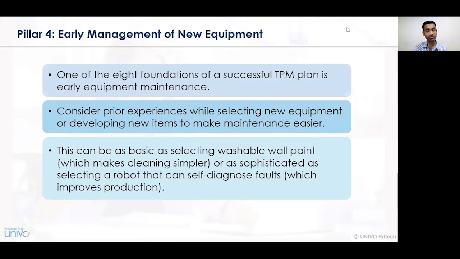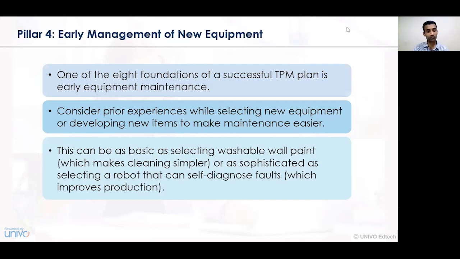So consider the prior experiences while selecting the new equipment or developing the new items to make the maintenance much easier. So how do we conduct the various activities in a considerable way? All those activities can be performed in a better way and we can have better control of the activities.